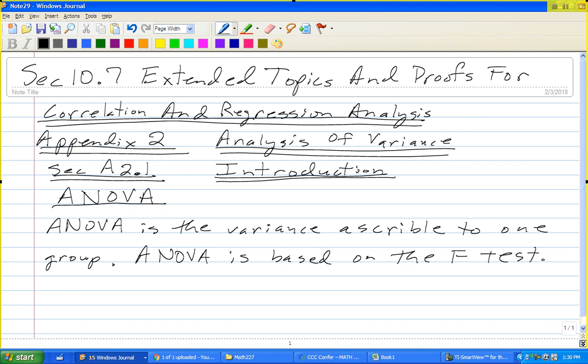ANOVA was first described by Fisher at the beginning of the 1900s. Fisher was an agrarian, so a lot of these terms come from plants. Say you're planting a field of corn.